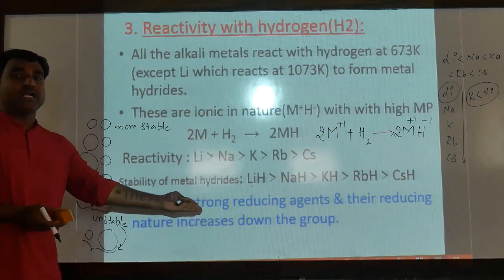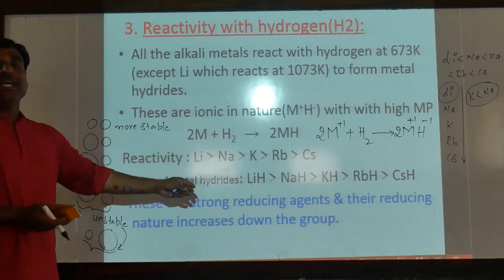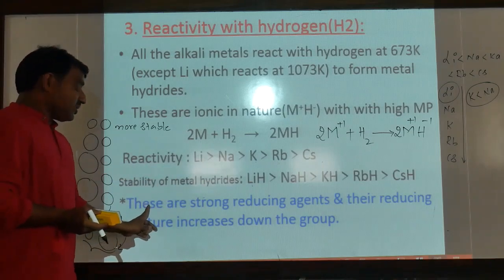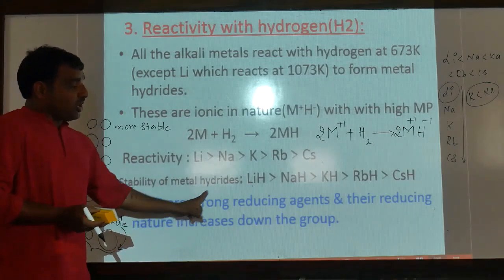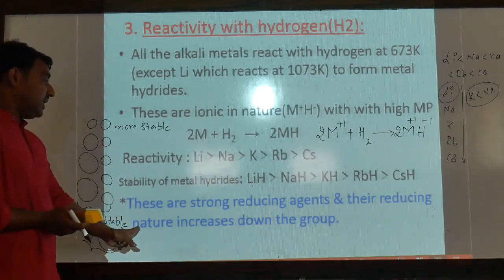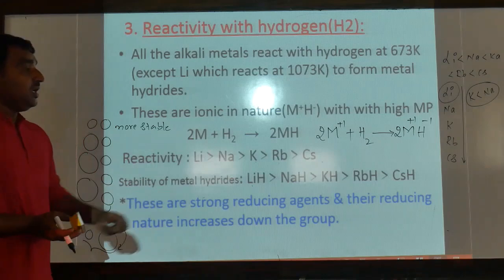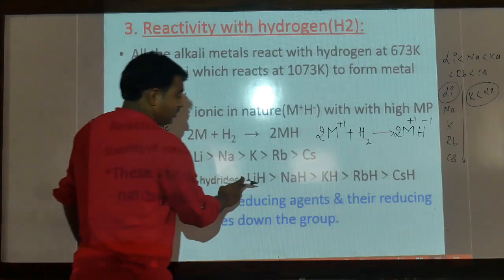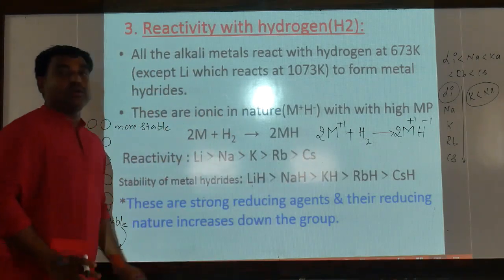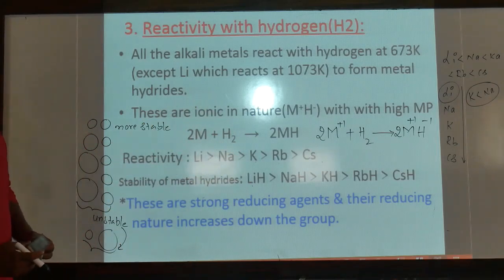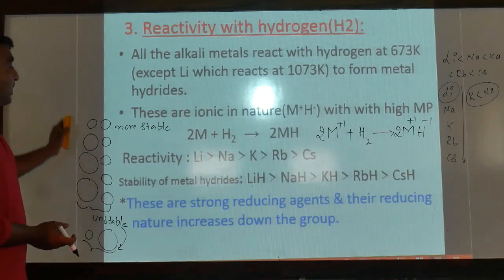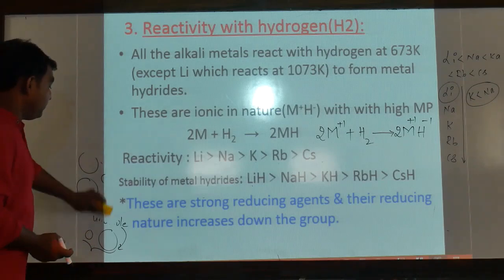A reducing agent is one that easily loses electrons, so it gets oxidized. So the reducing nature increases from lithium to cesium. This is one more chemical property, that is reactivity with hydrogen.